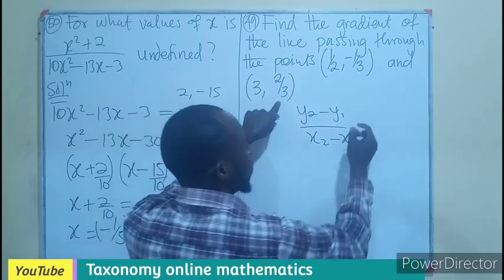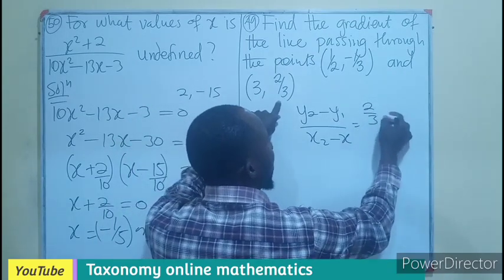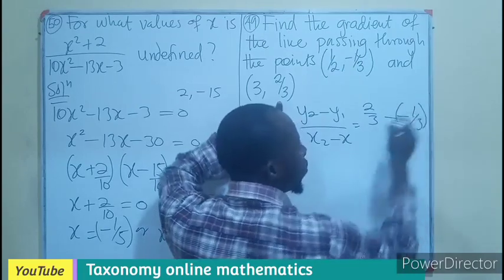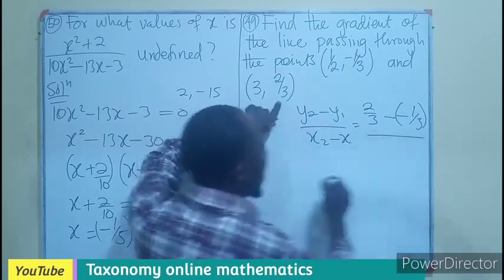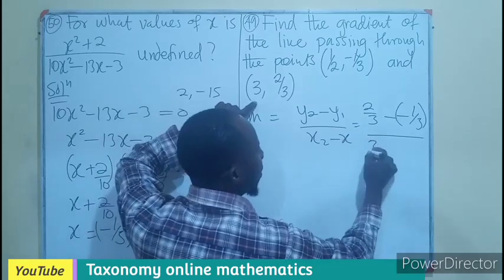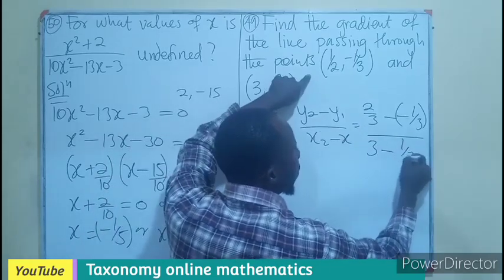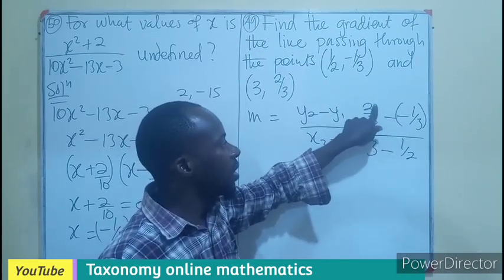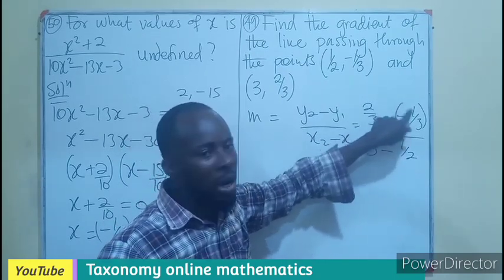So I begin from here: 2 over 3 minus negative 1 over 3, don't forget to put that in brackets, divided by 3 minus a half.